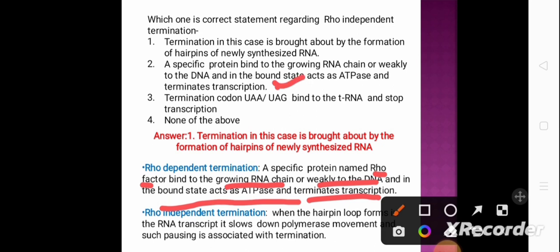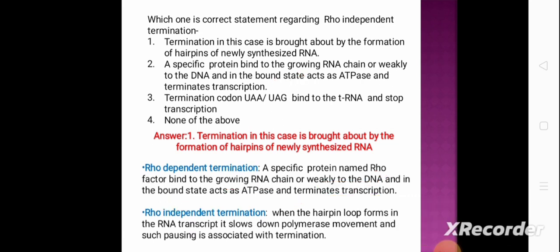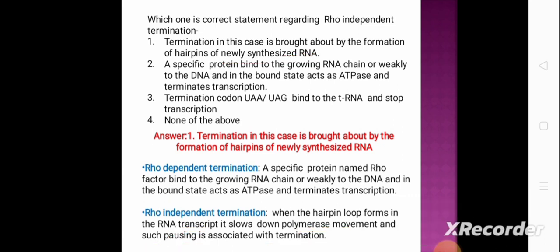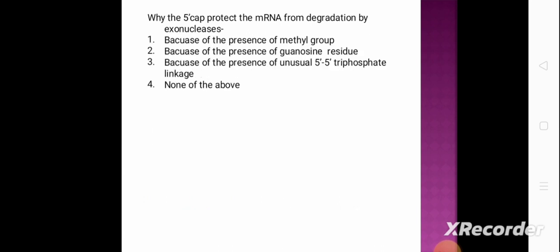In Rho independent termination, termination is brought about by the formation of hairpins of newly synthesized RNA. When the hairpin loop forms in the RNA transcript, it slows down the polymerase movement, and such pausing is associated with termination.